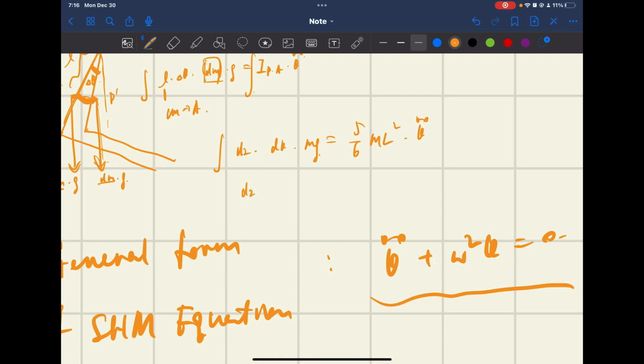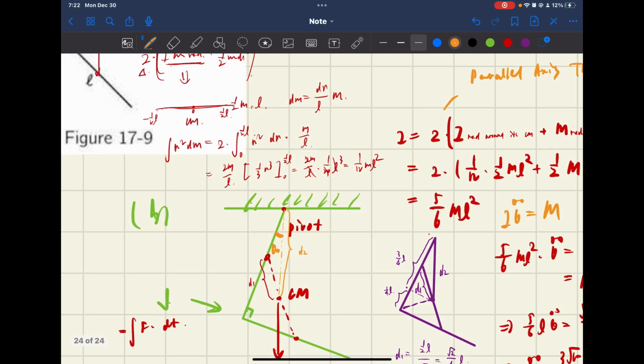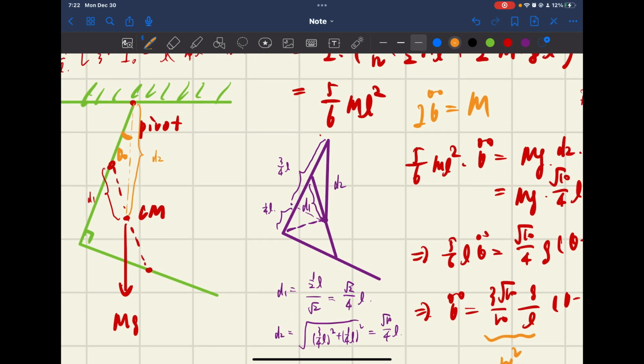Okay, d2. I forgot to mention here, the value of d2 is equal to, and it's just simple geometry. Look at the diagram here. It's the purple diagram. This is the L shape, and this length is d1, which we just calculated, and this length is d2.